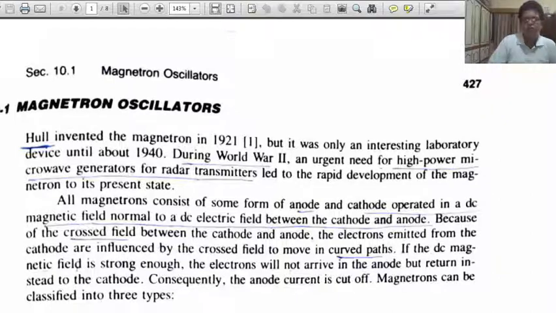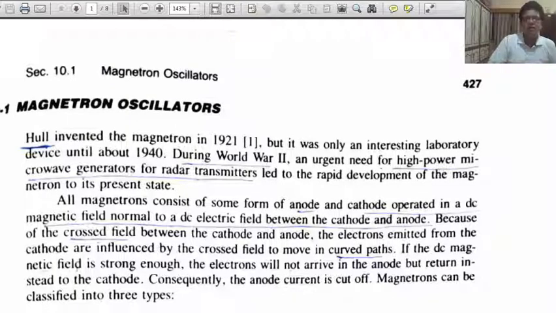Because of the crossed field between cathode and anode, the electrons emitted from the cathode are influenced by the crossed field to move in a curved path. The electric field gives the energy to the electrons and the magnetic field gives the curved path. That means the variation in the path is due to the magnetic field.